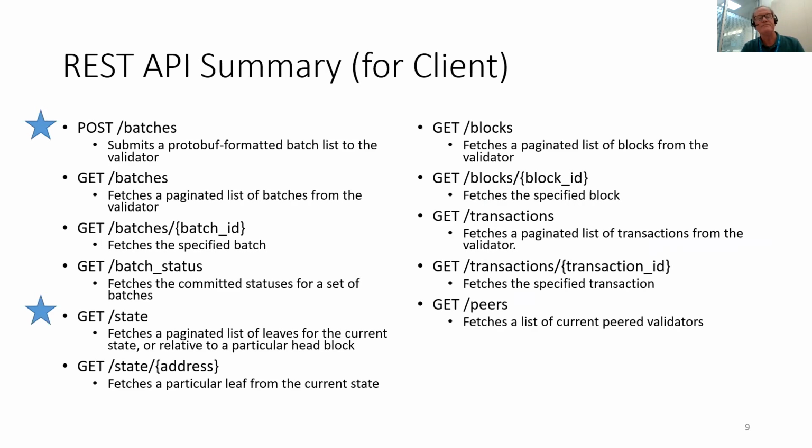So here are some of the more frequently used REST API commands. There's a full list in the documentation under Sawtooth REST API, but basically you use two in your client, post and get. Post is what you use to post a batch, which is one or more transactions.